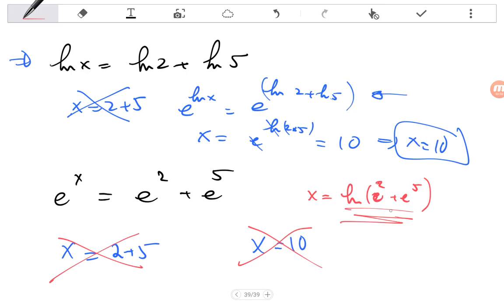I may just simplify with products inside the ln, but not a summation of terms. So that is the solution of the equation without further simplification. There is no further simplification in this number. This is just as it is. It is just ln of (e squared plus e power 5). Okay.